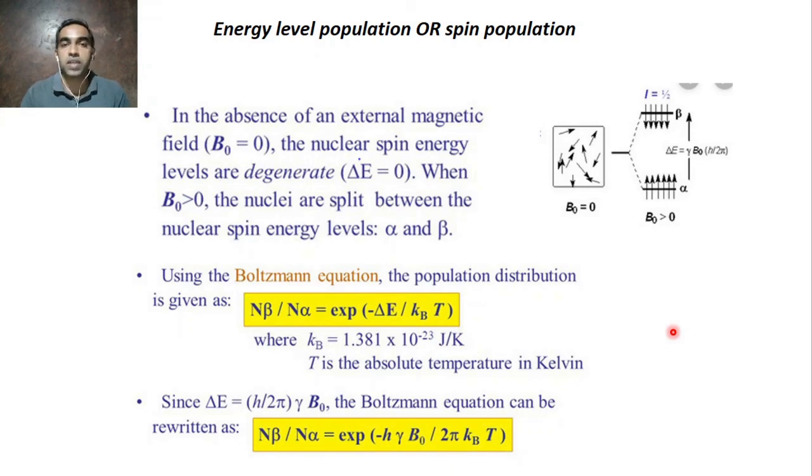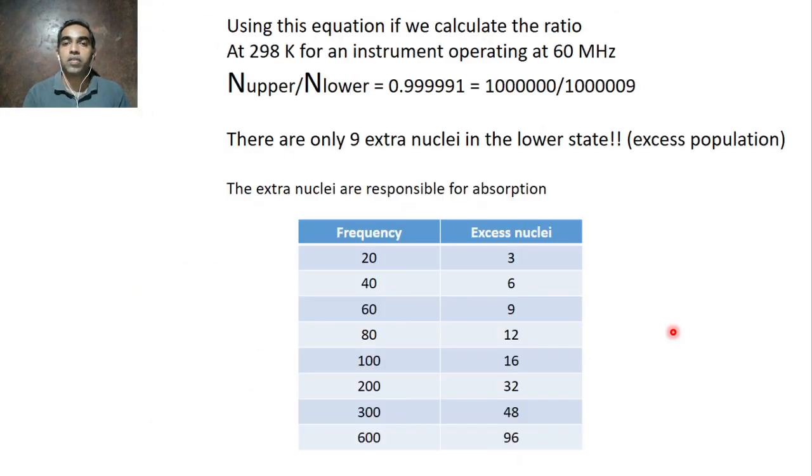It is nothing but the number of nuclei responsible for the absorption of electromagnetic radiation. Those will increase if you increase the external magnetic field, and if you decrease the temperature, that will increase. That's why NMR is done at very low temperature, because the population has to be maintained.